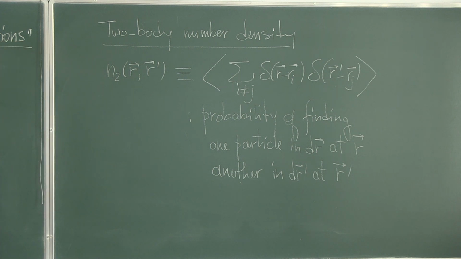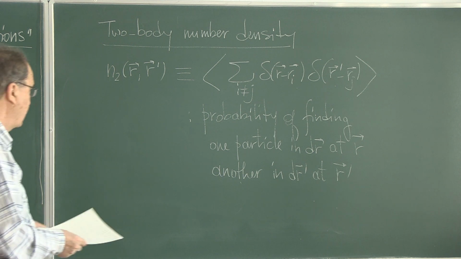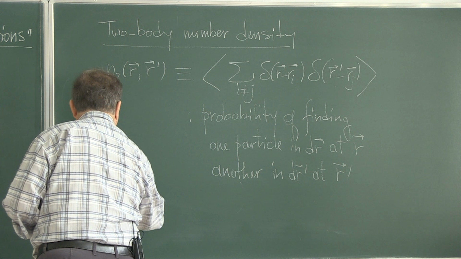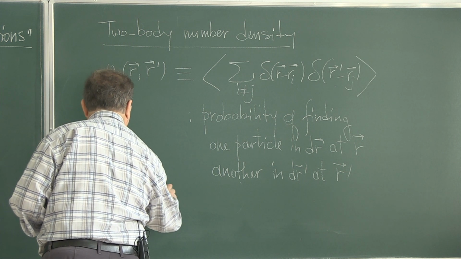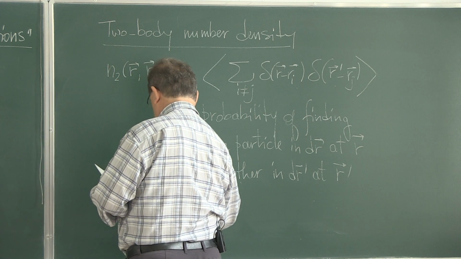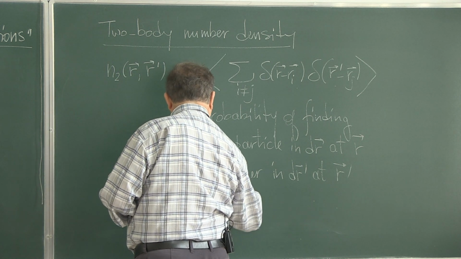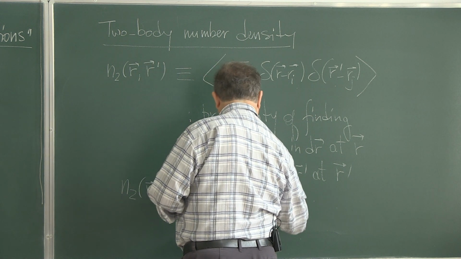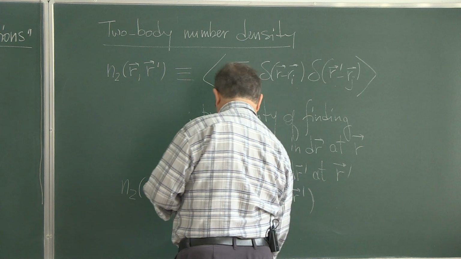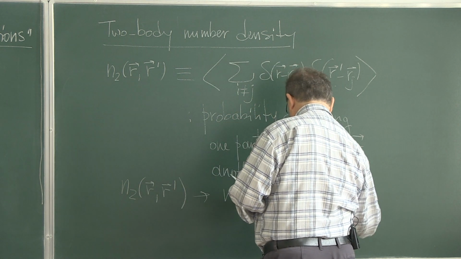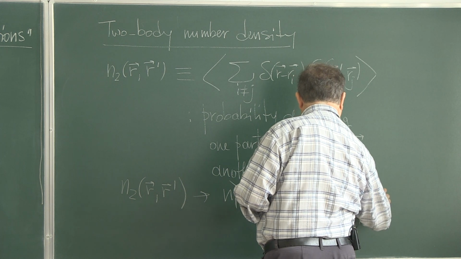Okay, extremely important. You can write N2(R, R prime) as N1 at R and N1 at R prime as the interparticle distance goes to infinity.